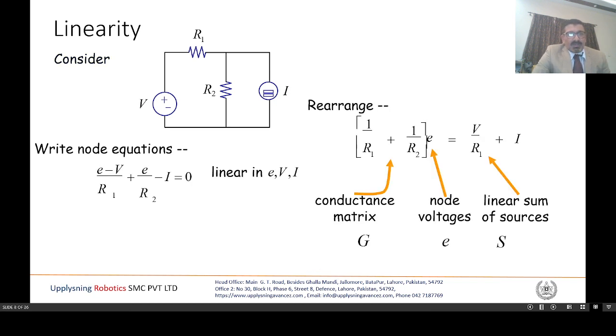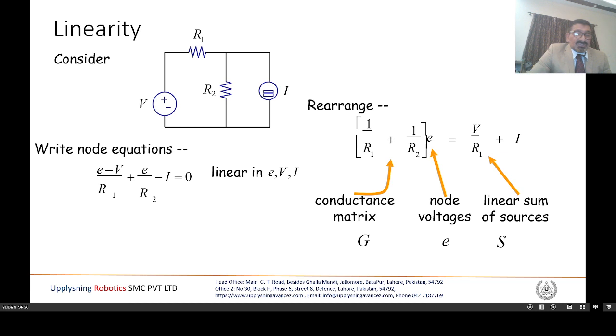Again, I'm using the same circuit, where you can see voltage, R1, R2 with a current source, and we already wrote this equation on the previous slide: E minus V divided by R1 plus E divided by R2 minus the current is equal to 0. This is the linear equation.